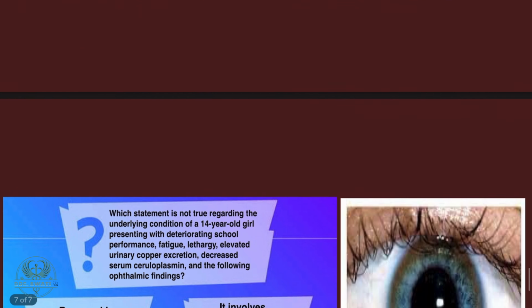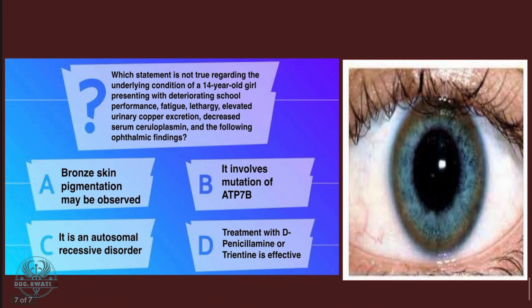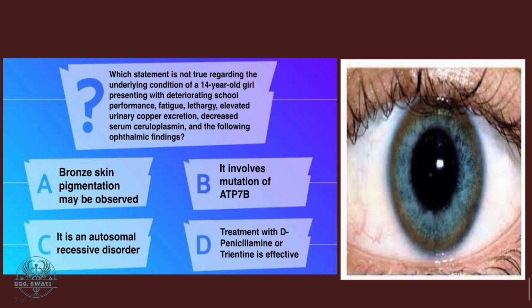Now let's move ahead and solve our next question. Which statement is not true regarding the underlying condition of a 14-year-old girl presenting with deteriorating school performance, fatigue, lethargy, elevated urine copper excretion, decreased serum ceruloplasmin, and the following optic finding? Option A, bronze skin pigment may be observed.